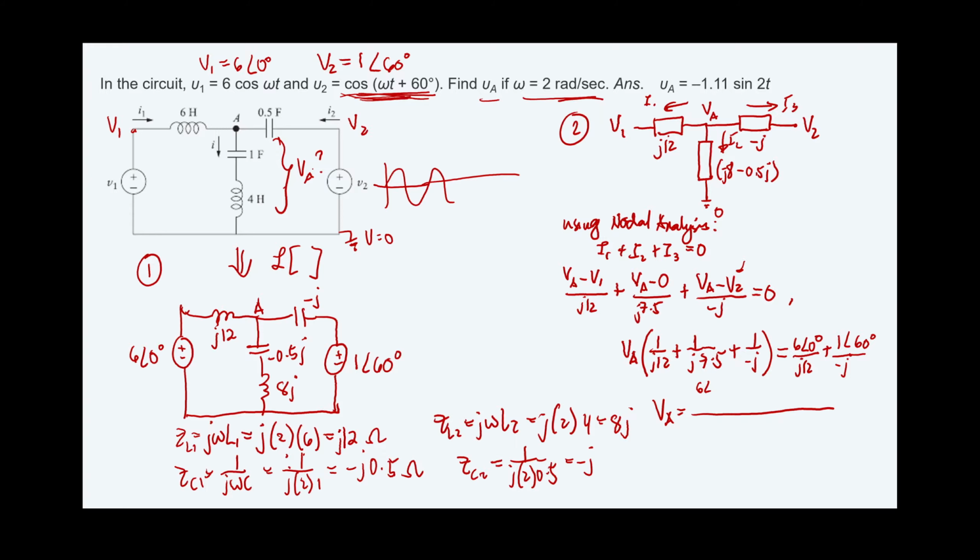So you have 6 angle 0 degrees divided by J12 minus 1 angle 60 degrees divided by negative J, and then in the denominator you have 1 over J12 plus 1 over J7.5 plus 1 over negative J. Okay, and then your answer is in phasor form, and then you convert that one into VA in time domain. Okay, so we can try solving it using our calculator.